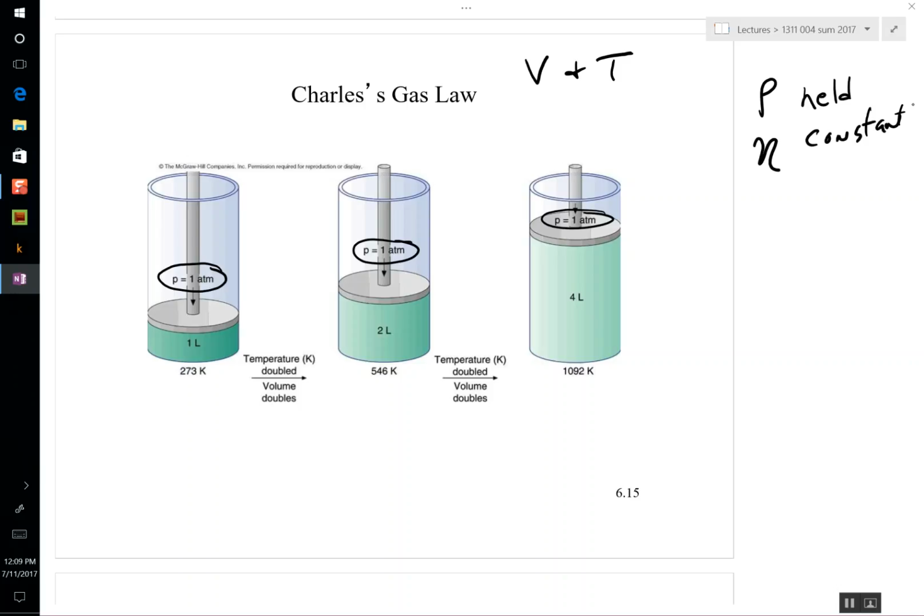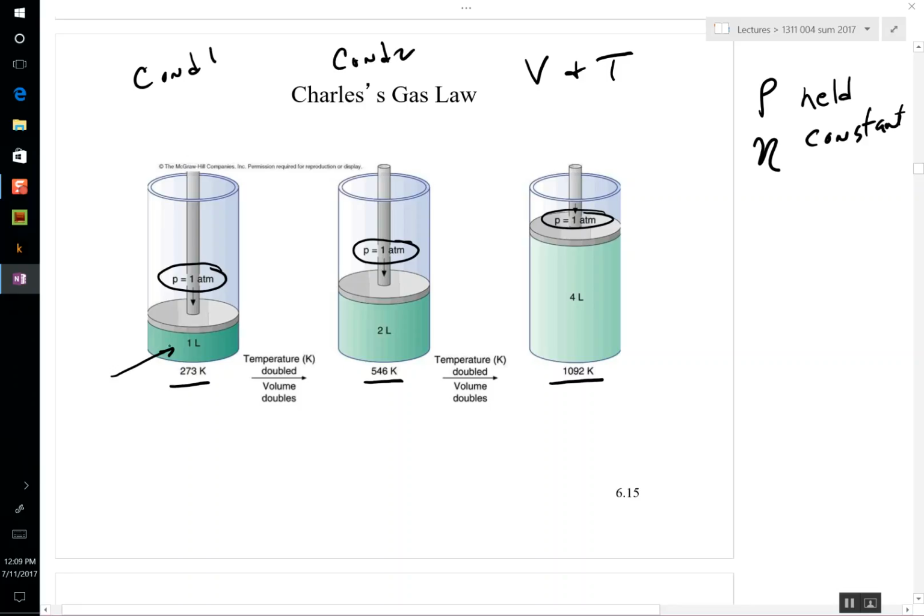It's a methodical experiment. He started out with a certain amount of gas, and he doesn't add or let any gas escape, but he does change the temperature, increasing it from 273 to 546. This is condition 1. This is condition 2.